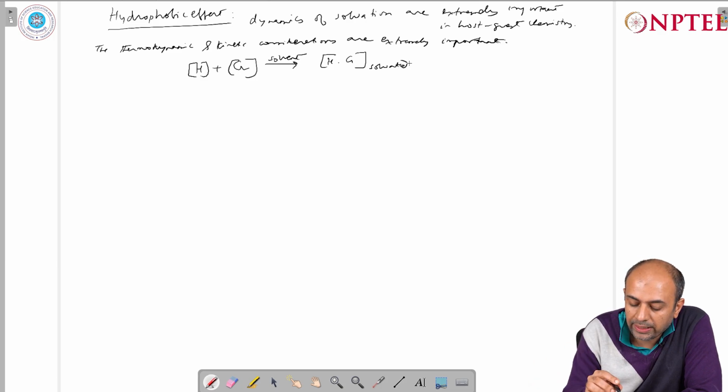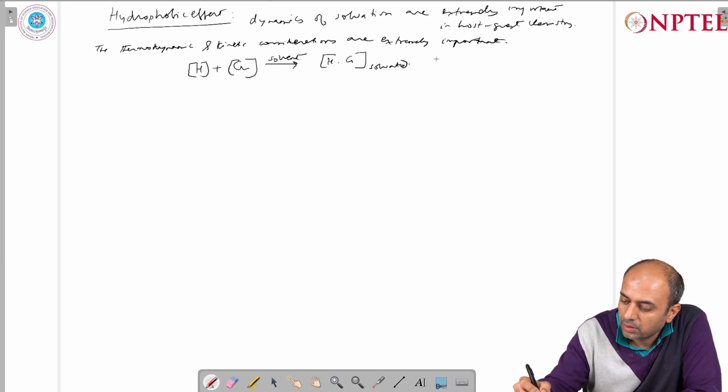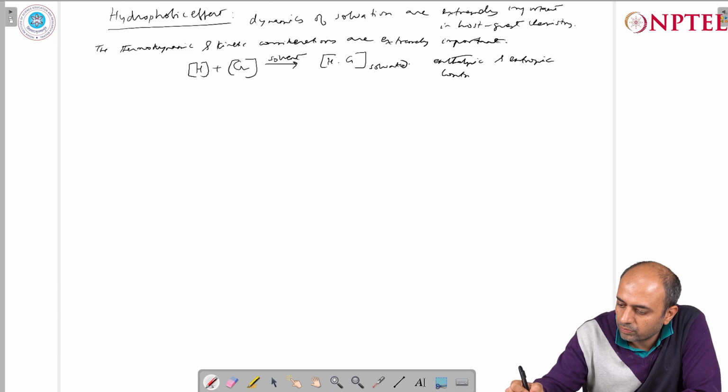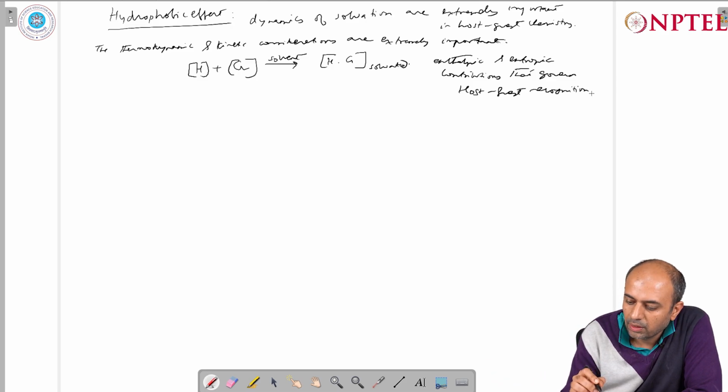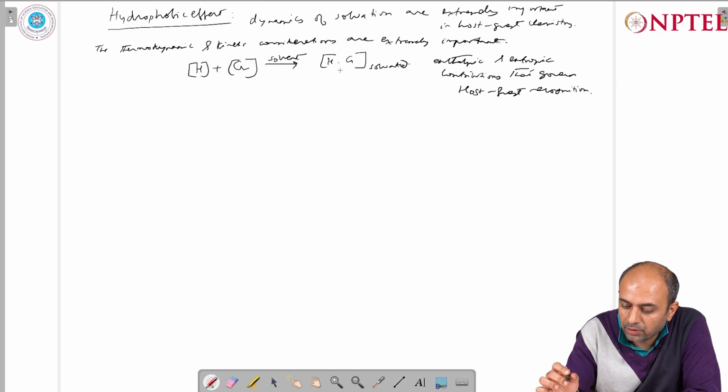And it is important to understand the role of enthalpic and entropic contributions that govern host guest recognition. So to start with, let us look at the different processes which are involved during the process of complexation of a host and a guest in the presence of a solvent.